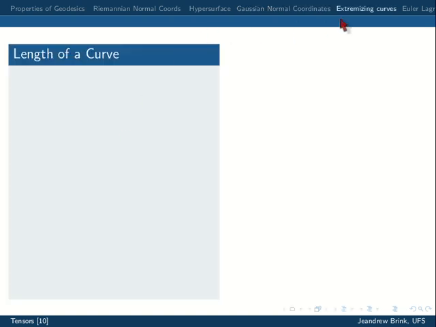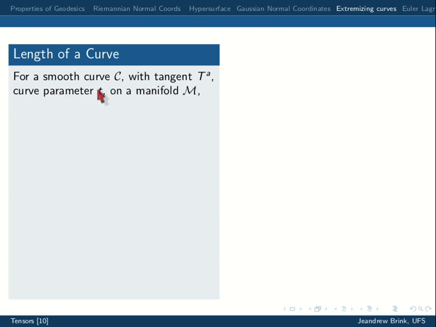So to work out that property, we once again need the definition of the length of the curve, and that's very similar to what we were doing in our three-dimensional case. So if you have a smooth curve C and a tangent vector T^A, and a parameter along the curve, and you're on a manifold and you have a Riemannian metric.